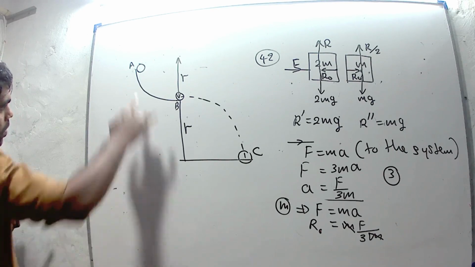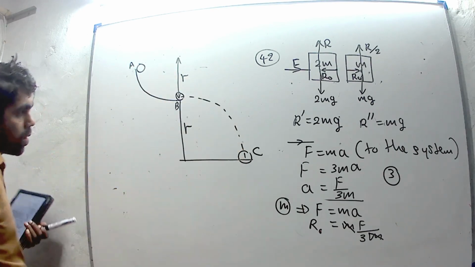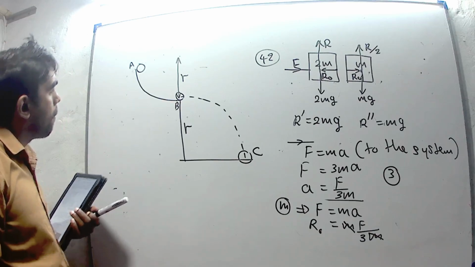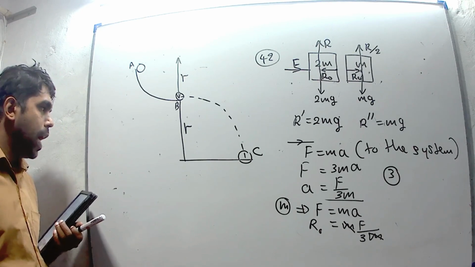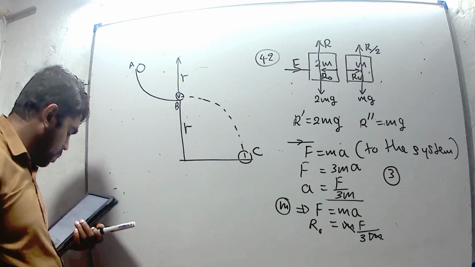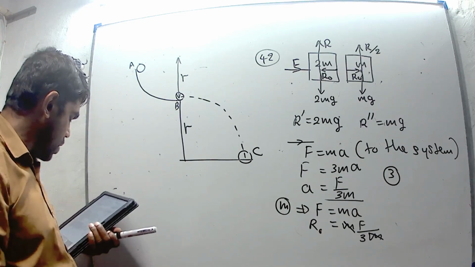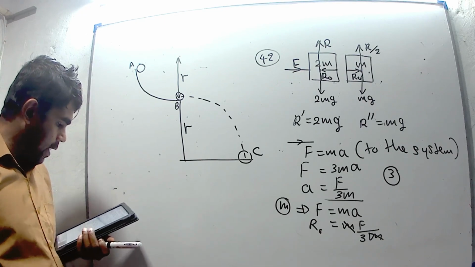Therefore, in both situations it should take the same time, and the horizontal displacement should also be the same, because we can use s equals ut in the horizontal direction.